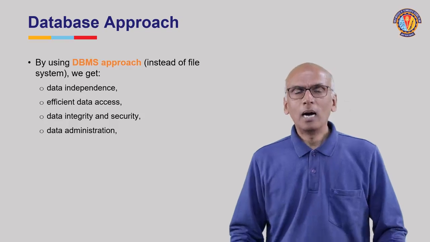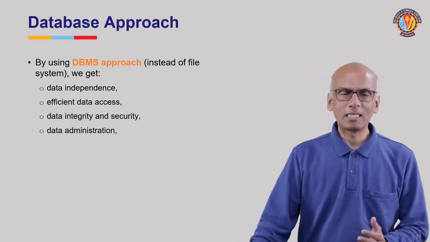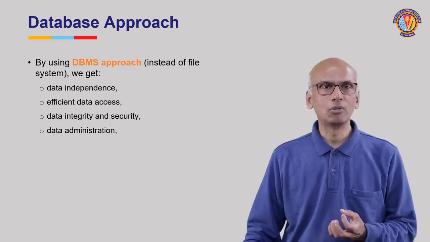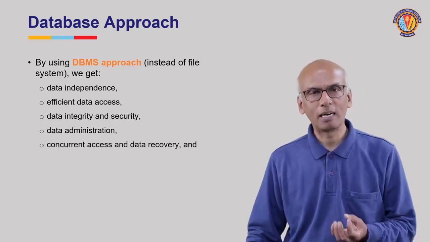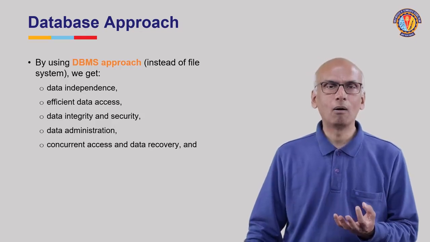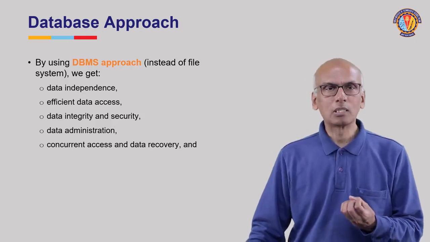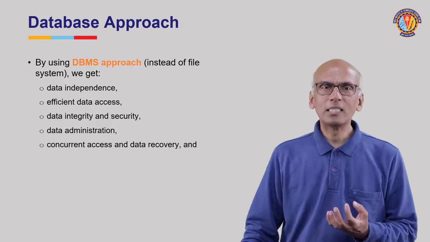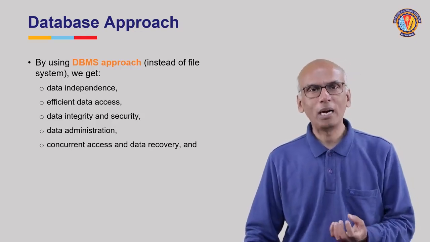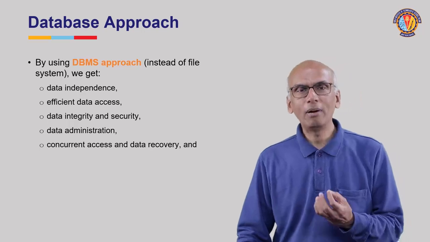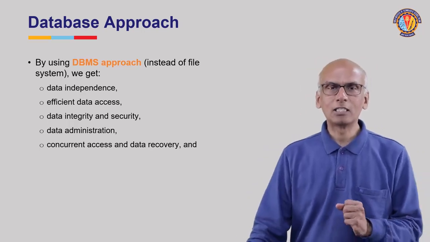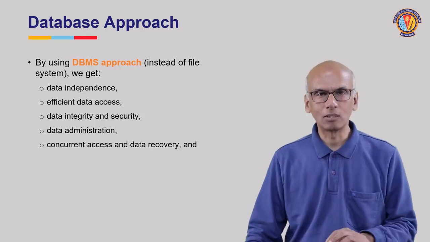And when many users are accessing the data, particularly in applications where millions of users may be concurrently accessing, for example, a travel reservation system, banking software for a very large bank, or online stores, it is important that when many users are accessing the same data, or possibly making updates, the concurrent access should ensure that the data integrity is not lost.